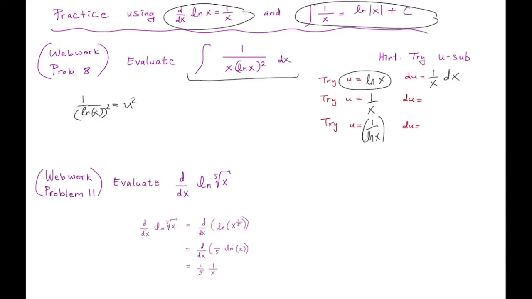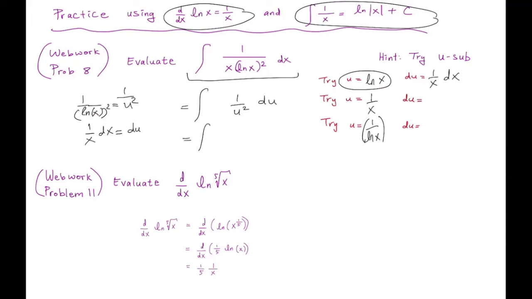Oh, sorry. So then this would be 1 over u squared. And then I can replace 1 over x dx with du. So this is du. And this is now something that I know how to solve.